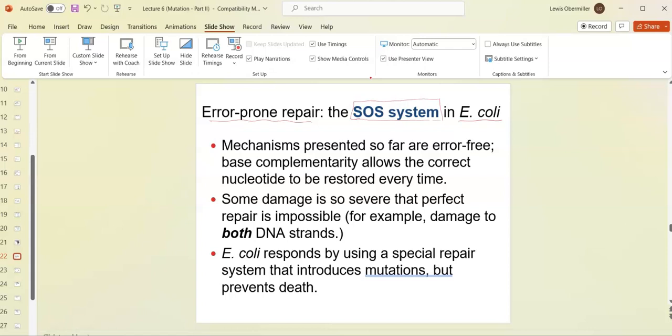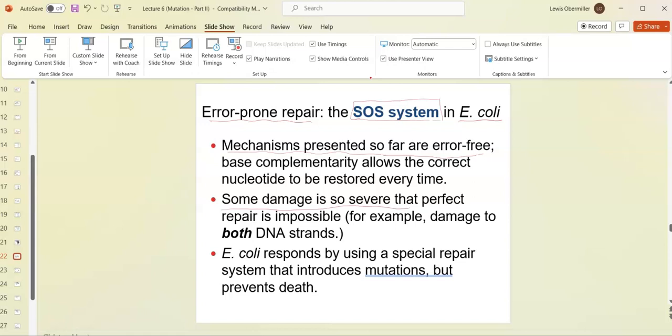SOS, save our ship, or whatever other word you want to put in there. So these are full of errors, right? The ones that we've already talked about are generally error free and they reduce the mutation rate. But sometimes damage is so bad that making repairs is impossible. Like if you damage both strands of DNA.